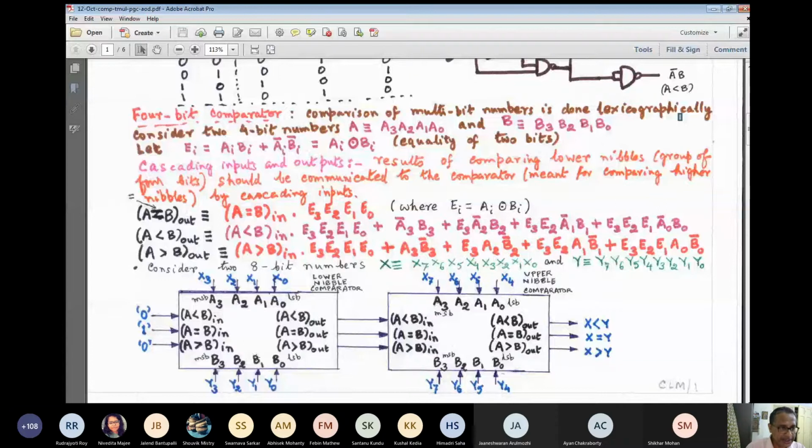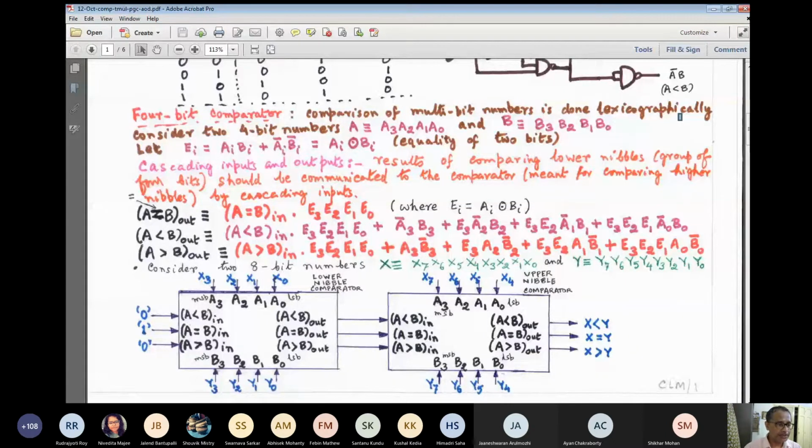So you see here the 8 inputs are getting involved. If we flatten E3, E2, E1, E0, we are forced to involve all these 8 variables, A3, A2, A1, A0, B3, B2, B1, B0, and in addition this one cascading input.